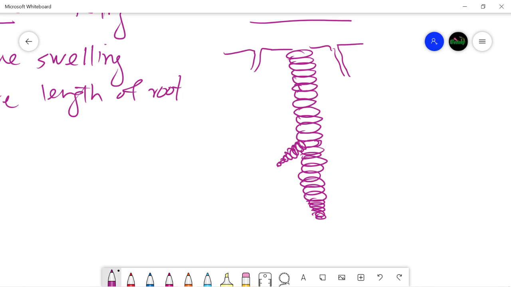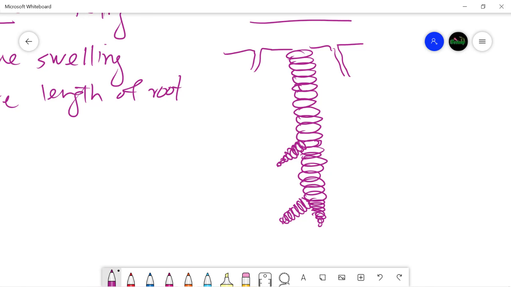And they are somewhat pointed at the end, and this is another branch. So they also branch. They are made of swellings in the form of rings. So as you can see, these are all rings, and they form the roots.